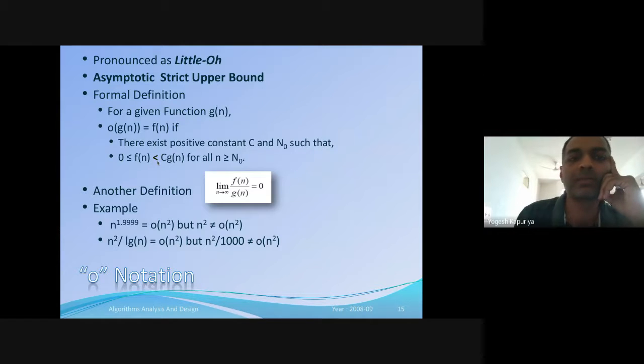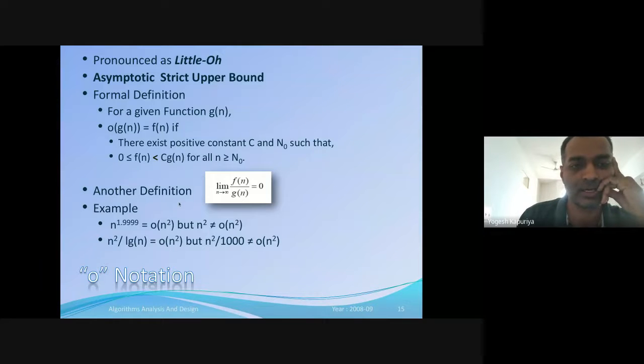So for a given function fn, you can say fn is equal to little o of gn if there exists positive constants c and n0 such that 0 is less than or equal to fn is less than cgn. Now the equal to has been removed. When you remove equal to, it becomes little o. If you add equal to, it becomes big O.